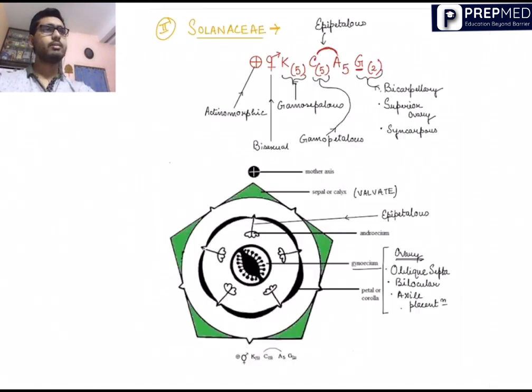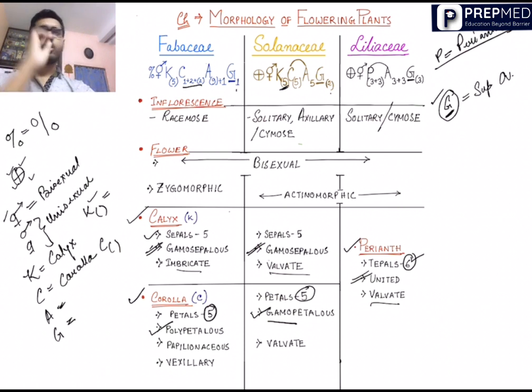So let's revise again, focusing on the important points only. Fabaceae, the floral features will be very simple to understand, because the first one is zygomorphic, second it's bisexual, common for all, then it's multiples of 5. That's how you'll identify it. For ovary, it will be superior ovary, and since Fabaceae is the first one, it is 1.